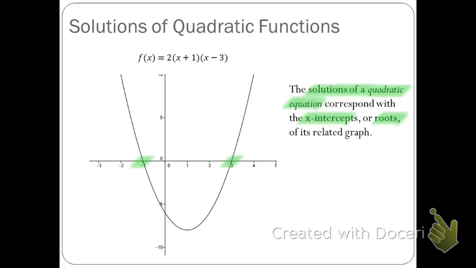We already talked about the three different methods you can use to figure that out, but in this graph, for instance, -1 is one of the values of x that makes y equal to 0, and +3 is another value of x that makes y equal to 0. We're trying to find the values of x that make y equal 0, or find the x-intercepts of a quadratic function whenever we're trying to solve its related equation. Now let's get into solving the equations.